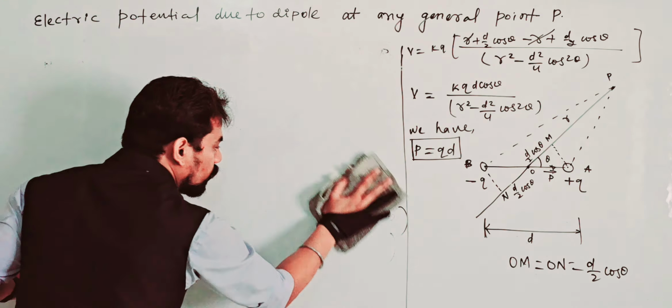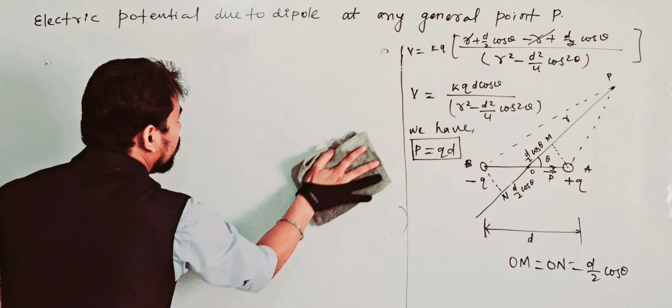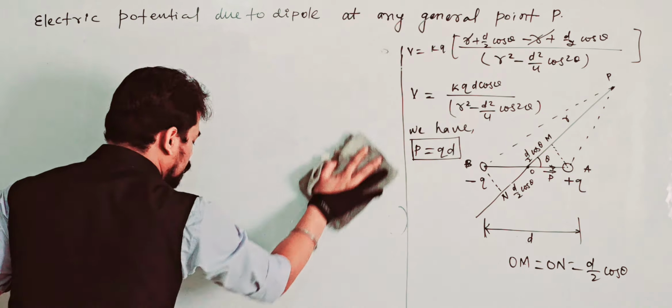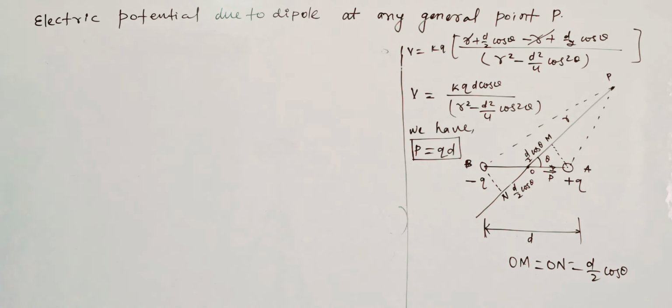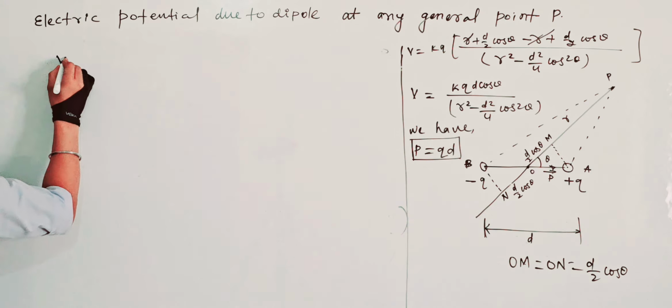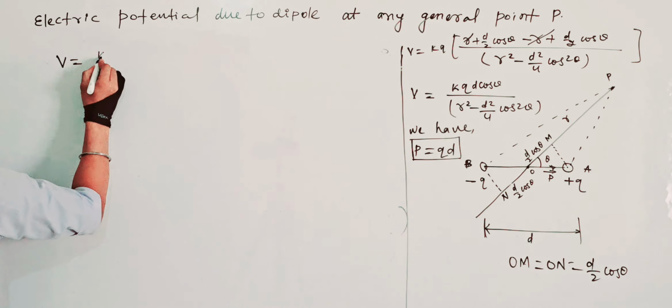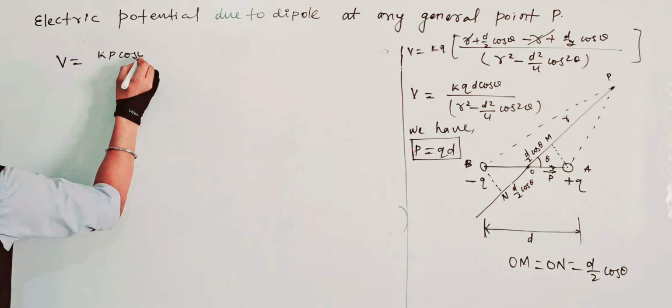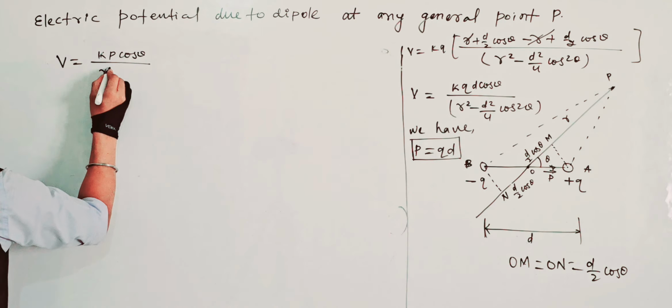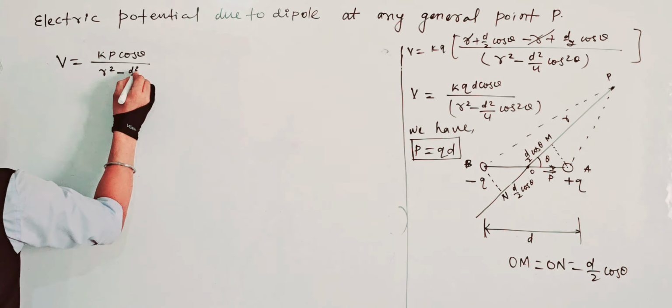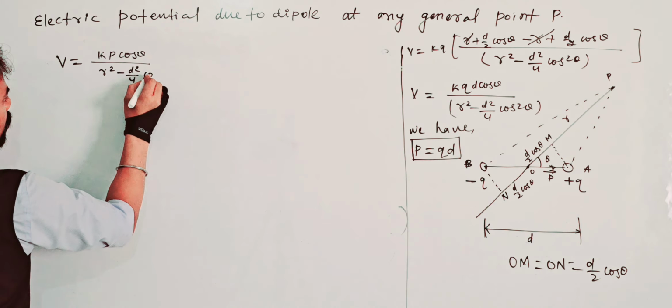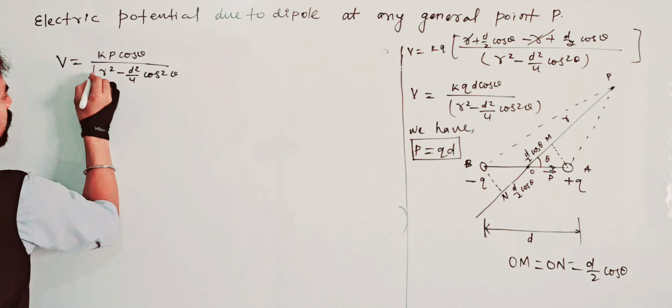From here you can find all the standard values for the potential due to a dipole at axial and equatorial points too. So here V equals KP cos theta by r square minus d square by 4 cos square theta.